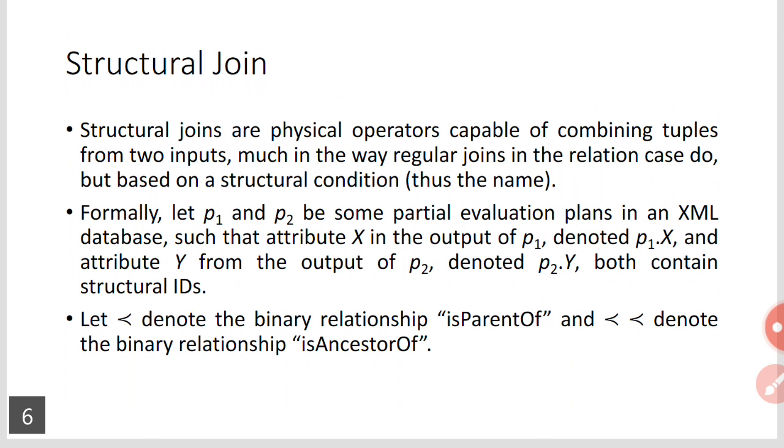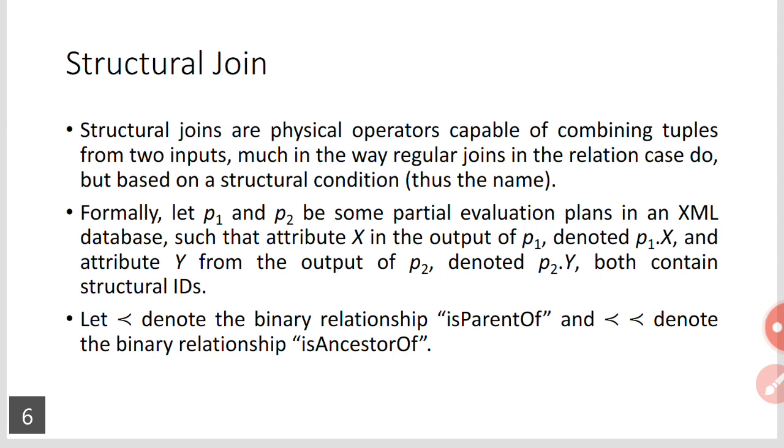Now the question is, what is structural join? Structural join is an operator used to combine tuples from two inputs. If you have two inputs and you want to combine tuples from them, then structural join can be used. Much like a regular join in a relational database system, which combines tuples from two relations based on some criteria or condition.